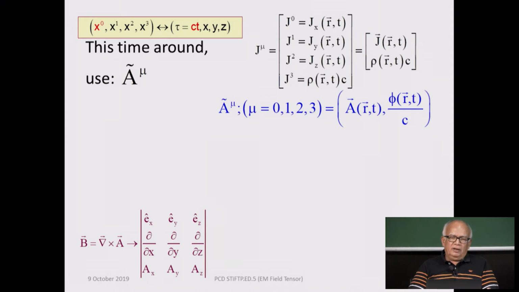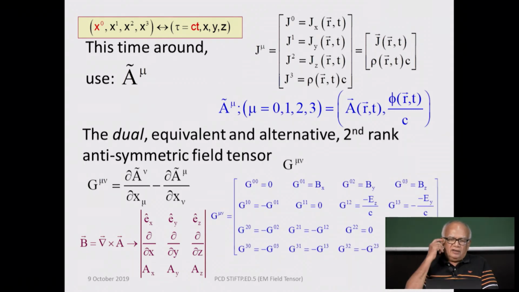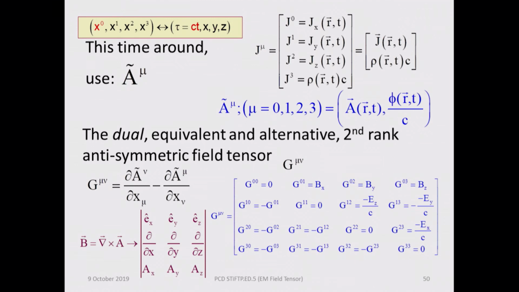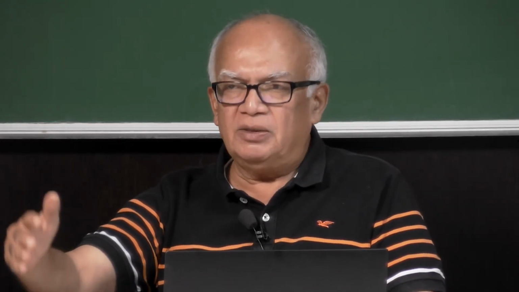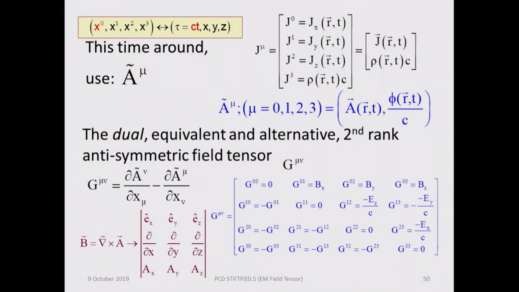And if you now take the dual equivalent field tensor, it is now defined in terms of the derivatives of the 4 component potential with respect to the coordinates, but the potentials are now the tilde components, which are the same as the previous one, but ordered differently. So, phi comes not as mu equal to 0, but as mu equal to 3, okay? And then you have got the other 3 components.